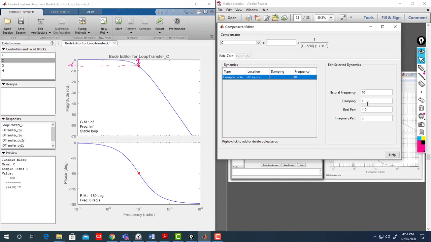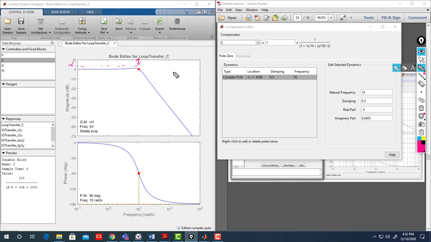So this is why it's important to look at zeta. Now what if I take zeta 0.5? Think with me. Let me return it back to 1.